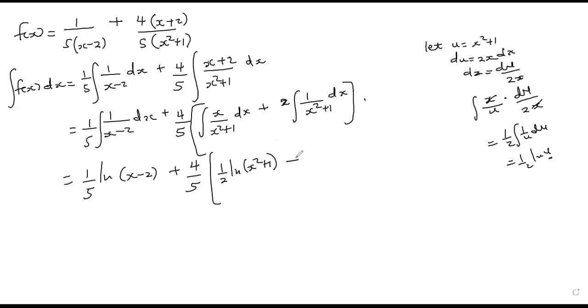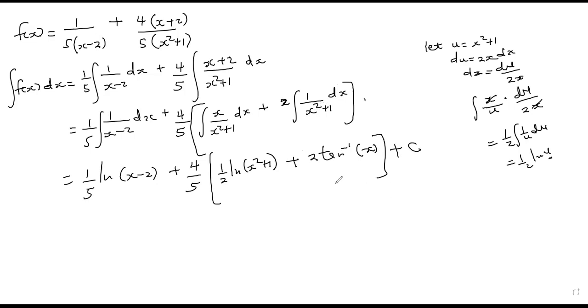Then plus 2, when you integrate this, you get tan inverse of x, everything plus a constant. This is in the same way when one writes 1 over 1 plus x squared, which is the tan substitution expression.